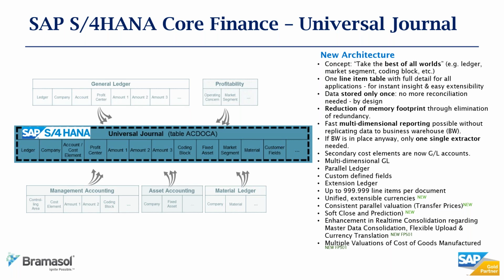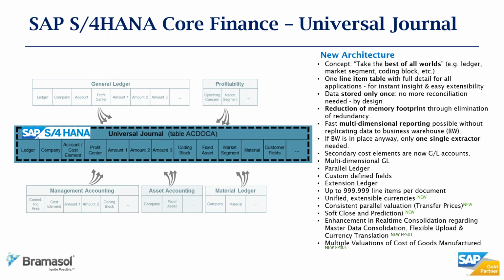I can create analytics and different reports. It reduces my memory footprint, so all those different replications of data are now eliminated because it all is going to reside within one table.